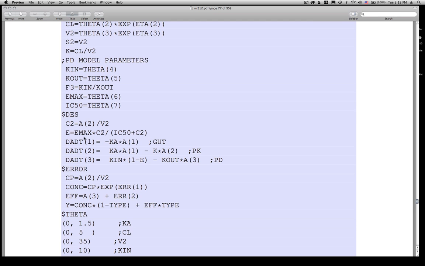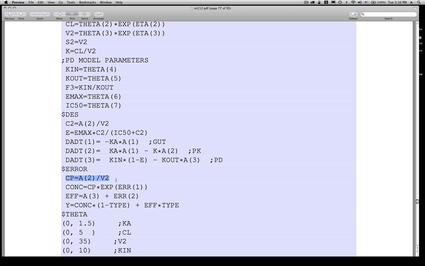And you see down here that we have the typical mass balance for the gut and central compartment. When we get to the response compartment, we're going to modulate Kin by inhibiting it with 1 minus E. E is this Emax relationship here. And that allows us to inhibit Kin. Kout is not modified.